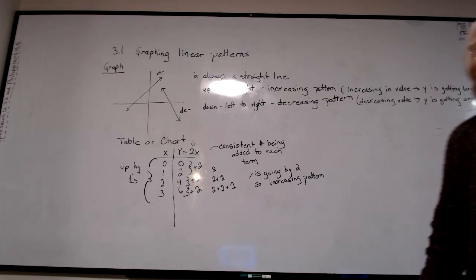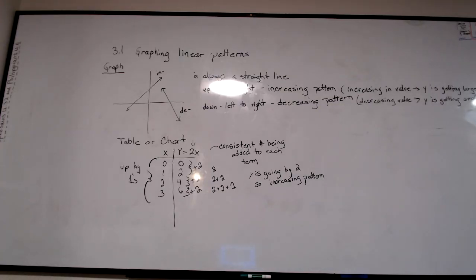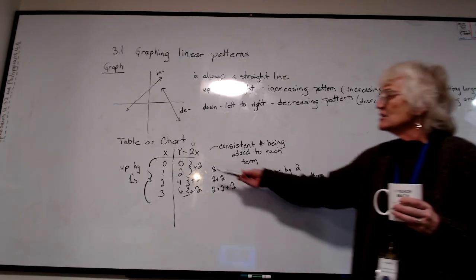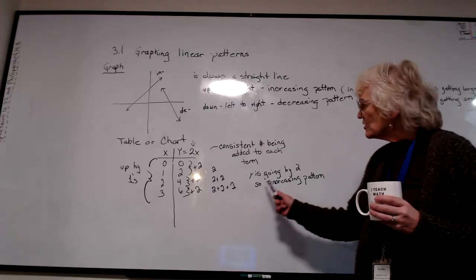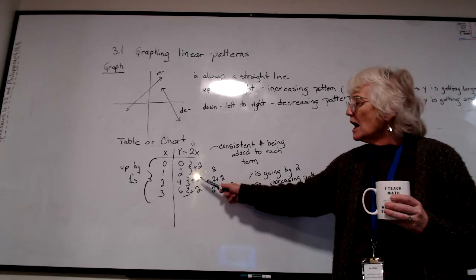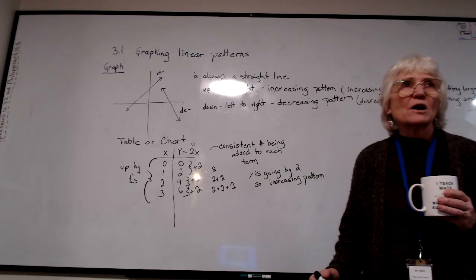Okay, so looking at that table or chart, I can tell that it's linear because I see that it's increasing by the same amount. It's an increasing one because it's going up as you go up the y's.